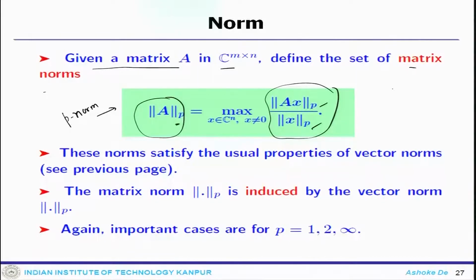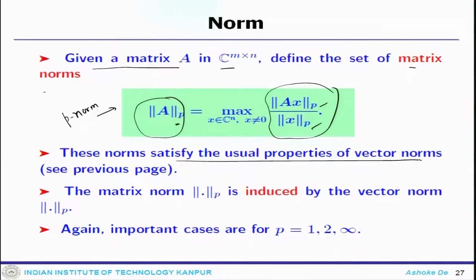As we have obtained the P norm for vectors, now we are expanding that same concept to matrices. The norms you obtain for the matrix satisfy the usual properties of vector norms.